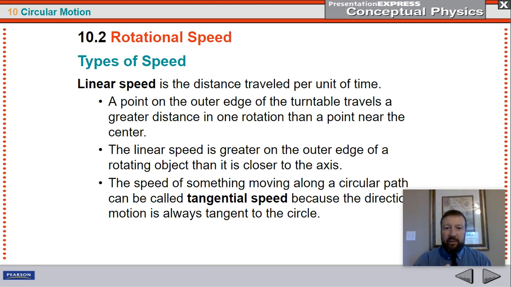Even if it's moving in a circle, if it was to stop moving in a circle, such as a tin can attached to a string that I'm whirling around my head, as soon as I let go, I lose the force that we're going to talk about in a second. It's going to move off in a tangent to the circle, which is a straight line, with a tangential speed. So linear speed and tangential speed are the same thing. It just depends on whether it was in circular motion to begin with and then stopped, or if it was continually going in a straight line.